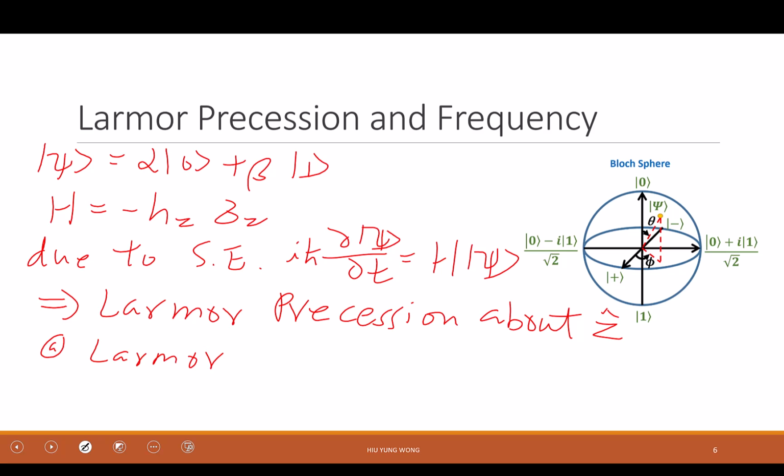The Larmor frequency, which I'm going to put in radians, omega L equals negative 2hc divided by h bar. This is just a reminder. That's what we did last time. If you don't have the notes, you trust me that that is how it's going to precess.